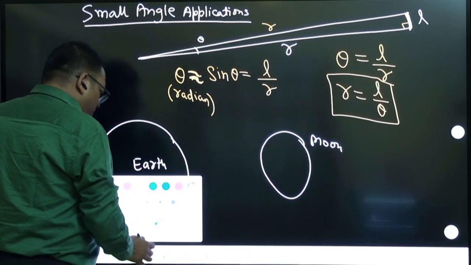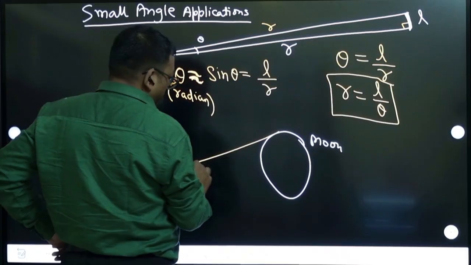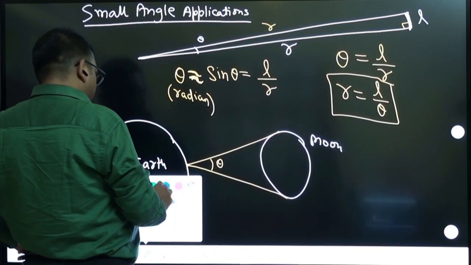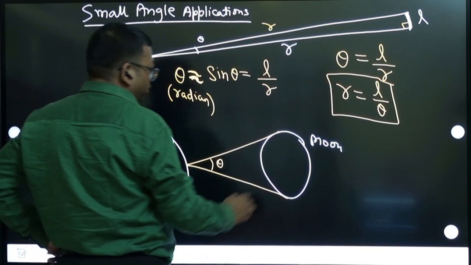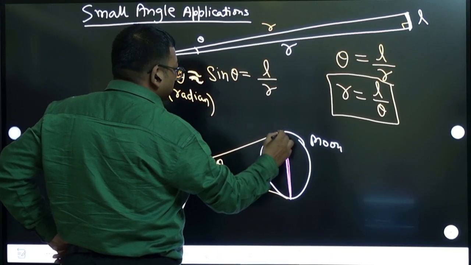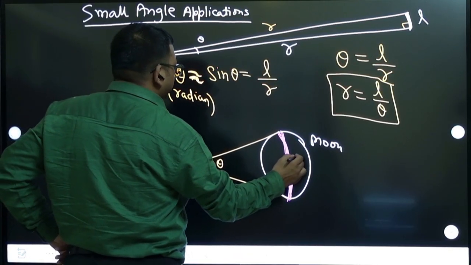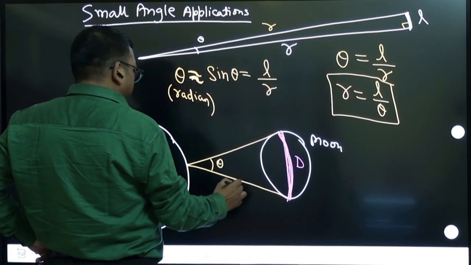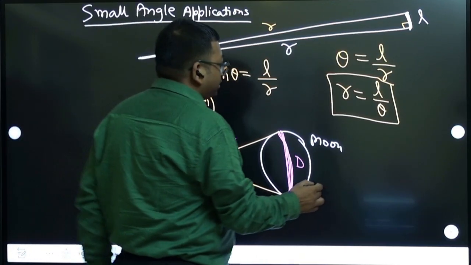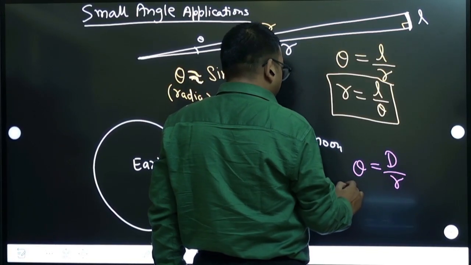Now, suppose from a point on Earth you try to measure this angle theta. This theta is first of all very small, and this diameter can be considered as an arc length. Let us call the diameter d, and this is the radius r here. So this angle theta can be defined as d by r.